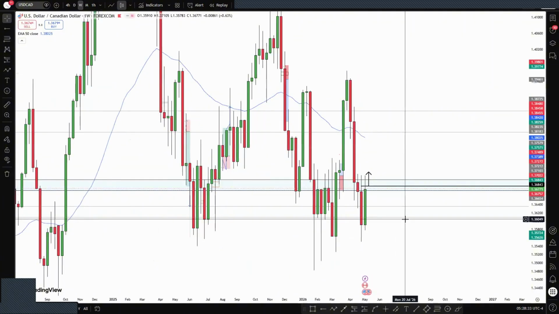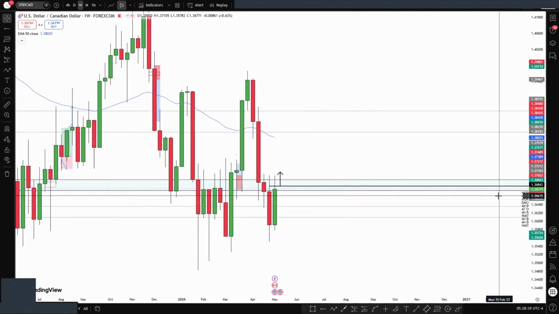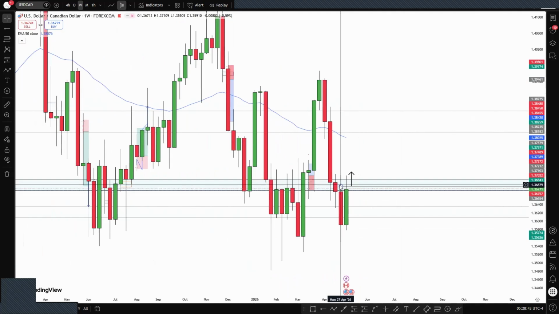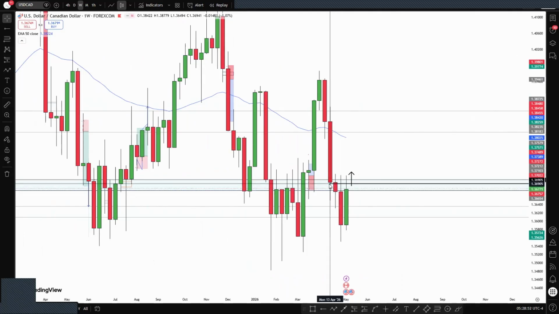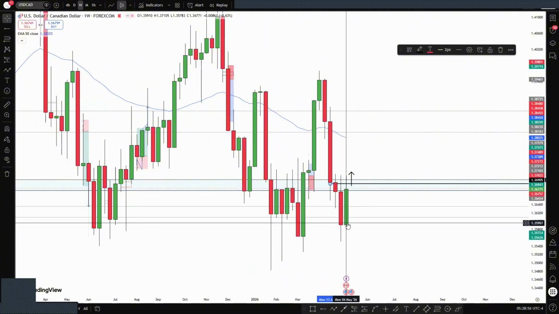Because the weekly has done the same thing EURCAD has done, the same thing I was just explaining to you in EURCAD. EURCAD went bullish, but for NZDCAD, I'm still waiting for the daily to shift. But price is rejecting this level.